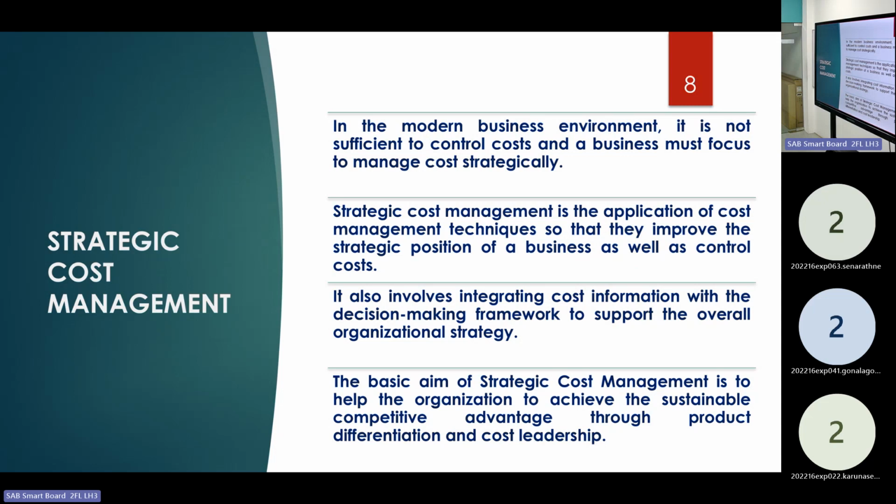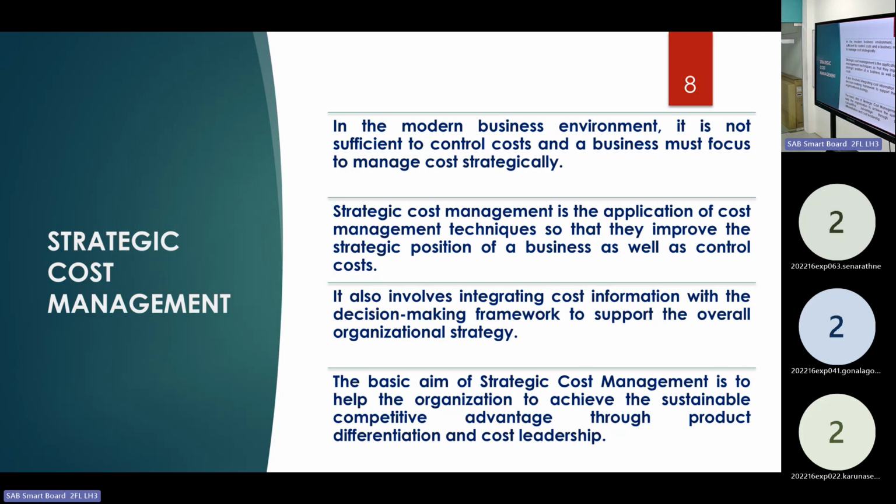We should take some practical examples to understand this one. Strategic cost management is the application of cost management techniques so that they improve the strategic position of the business as well as control cost. So we don't ignore cost control.